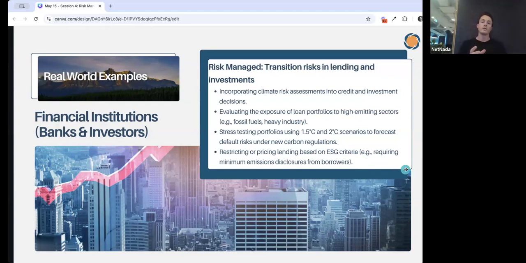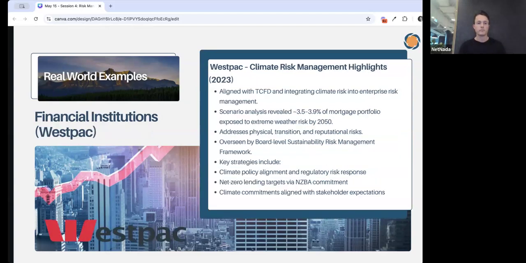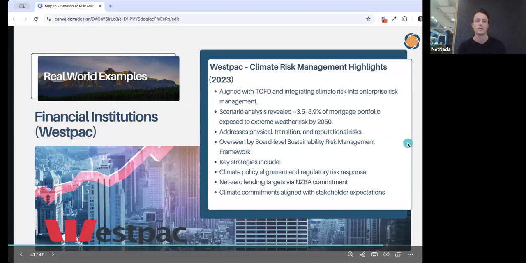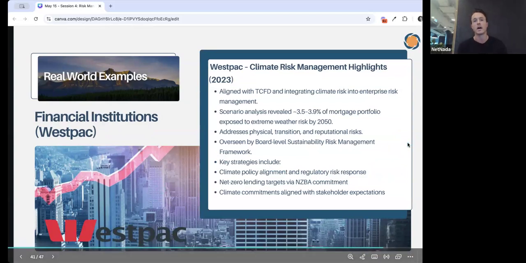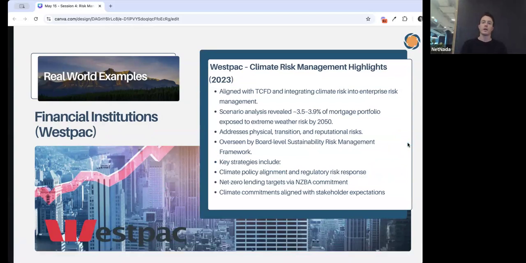A strong slide in this scenario would be the next one, where we're actually speaking about a specific example, a specific business, what they've actually done and reported on, their scenario analysis, what that revealed, how they made sure this was overseen, what the key strategies were.